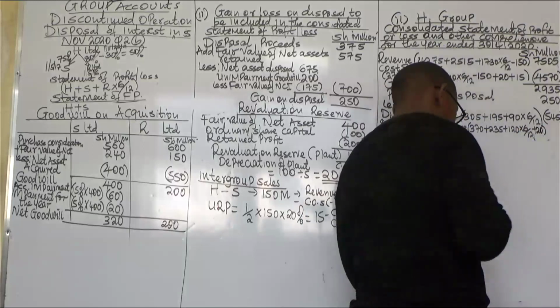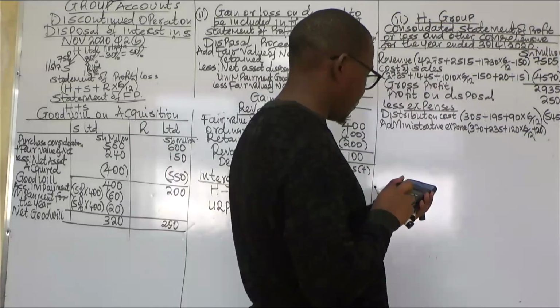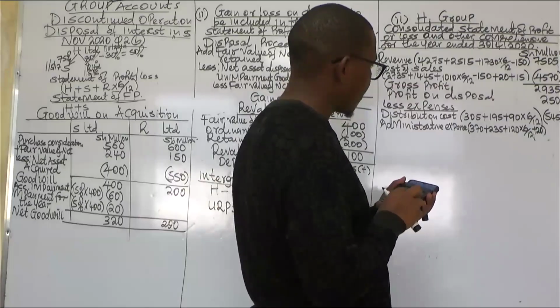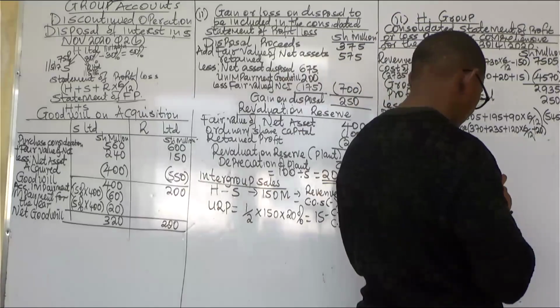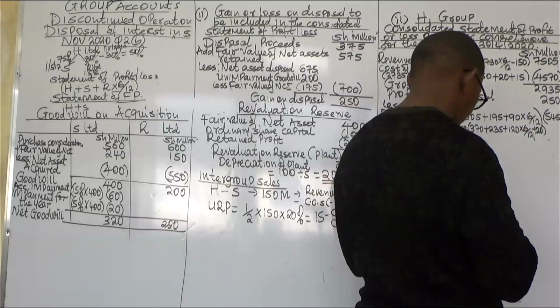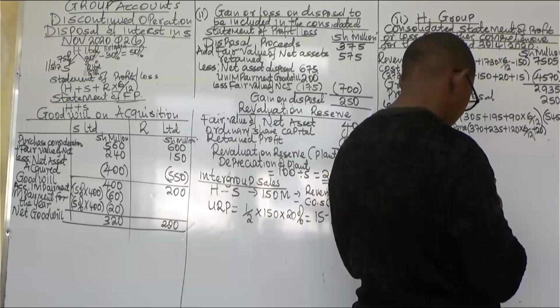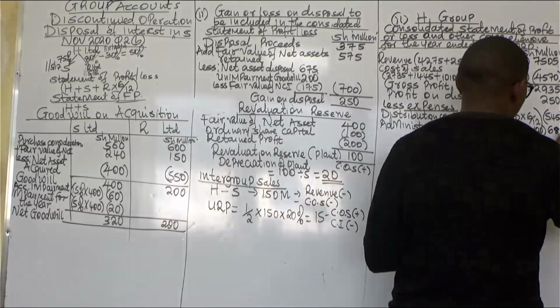How much is it giving you? 370, 235, 120 times 6/12. You add 20. How much is it giving you? 680?